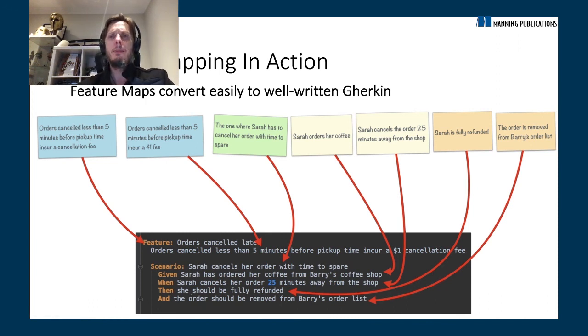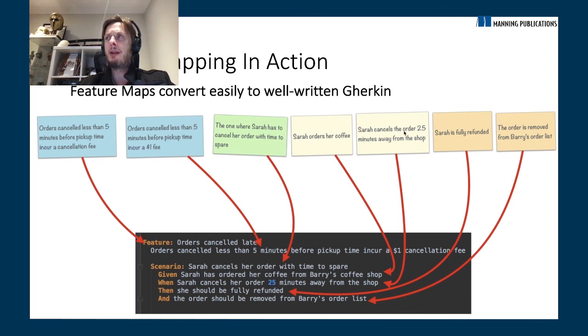And when teams use feature mapping, there's a whole lot of mistakes that go into making bad Gherkin, bad given when then statements, that just don't happen with the feature map. For example, a common error is that people include lots of clicks and selects and UI details. If you started talking about clicking and selecting and entering values here, this would get way too big.